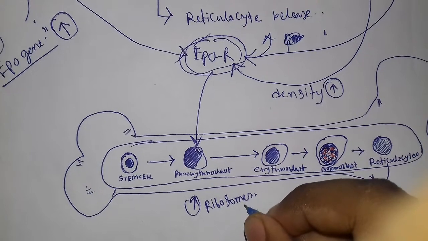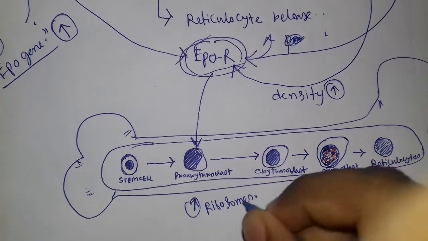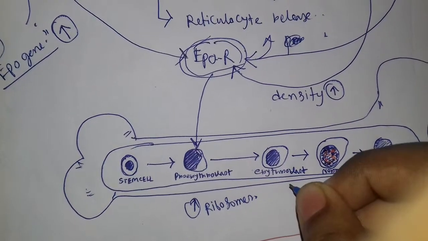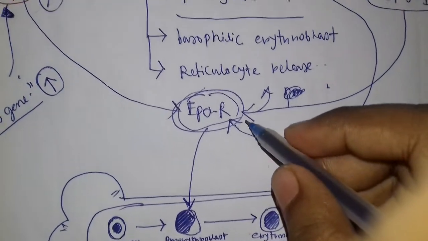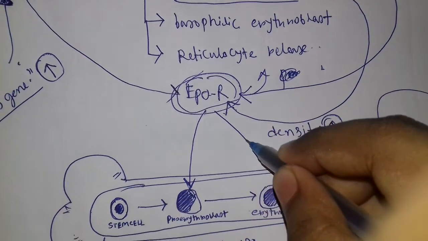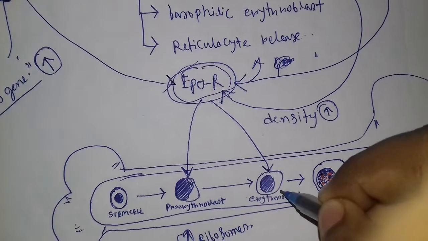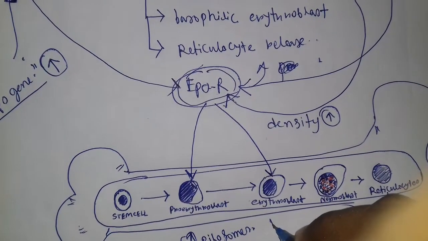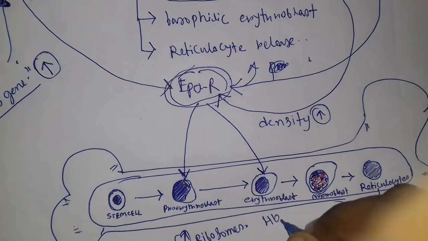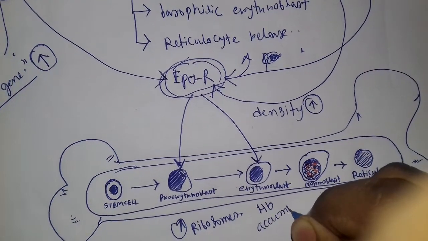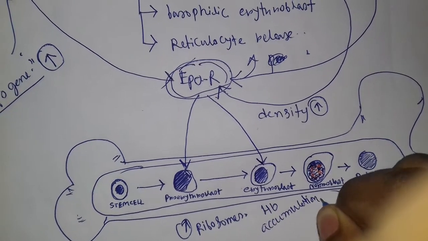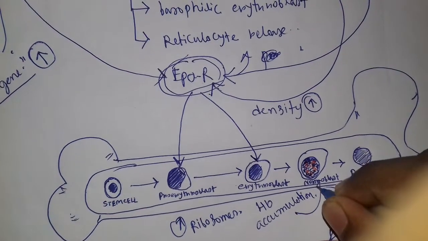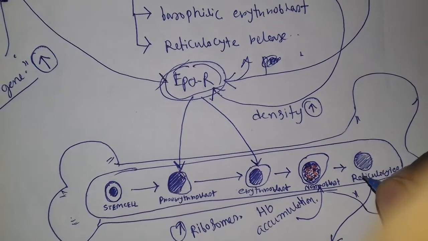These ribosomes later on produce hemoglobin, and it acts on the erythroblast, basophilic erythroblast, and causes the hemoglobin accumulation and synthesis that we can see in the normoblasts.